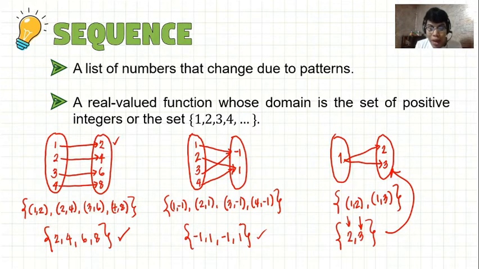I cannot place the 3 on top of the 2 just to make both of them the first term. So if that's the case, the mapping is one-to-many and we cannot form a sequence. That's why a sequence is a real-valued function, a special type of function. It must be a function. I hope you got that.